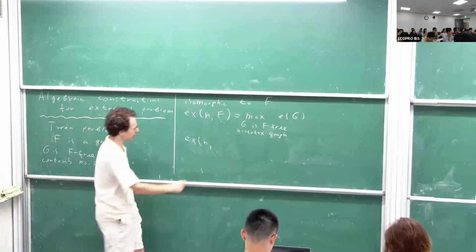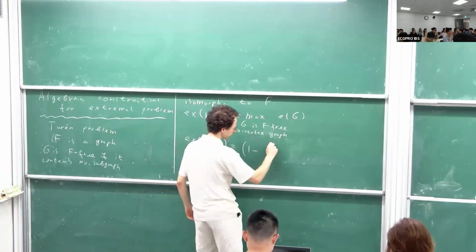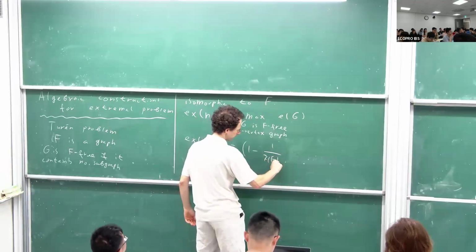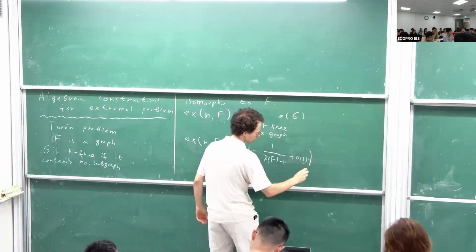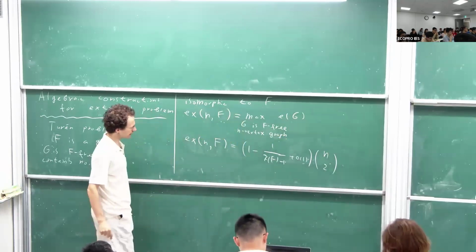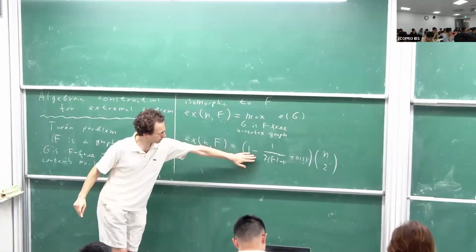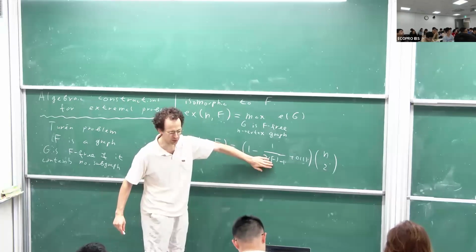not bipartite, then there is a very satisfactory answer, which is a theorem of Erdős and Stone, which basically says, okay, so this is a number. What is this number? It is somewhere between 0 and 1. It's strictly bigger than 0. It's bigger than a half, in fact.